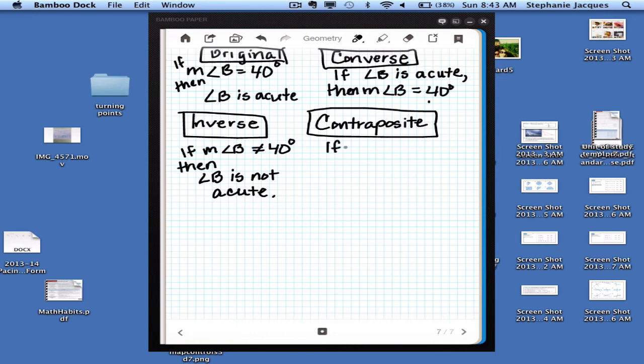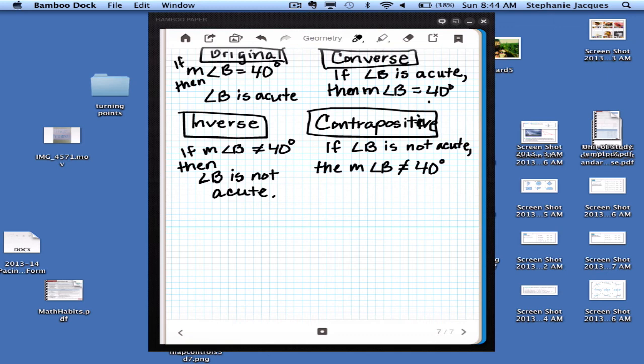So if angle B is not acute, then the measurement of angle B is not 40 degrees. So that's how you form a contrapositive.